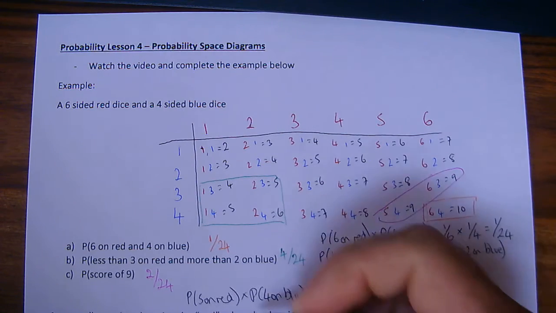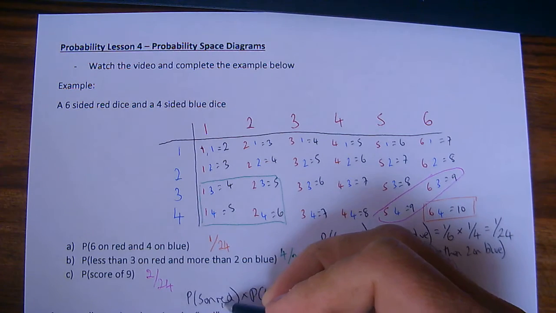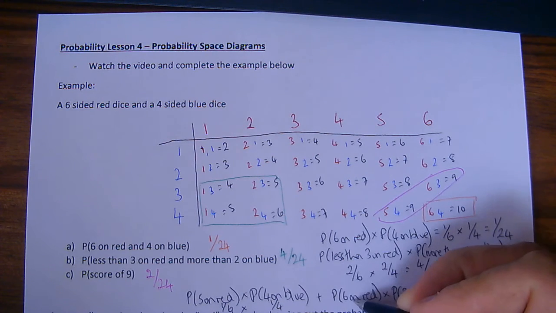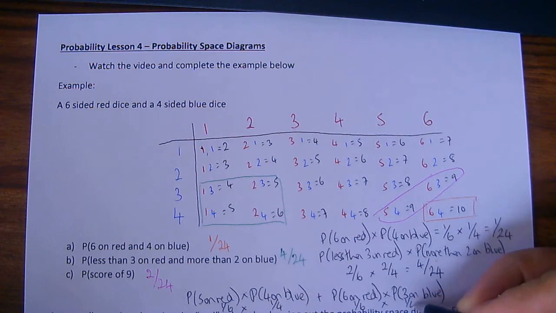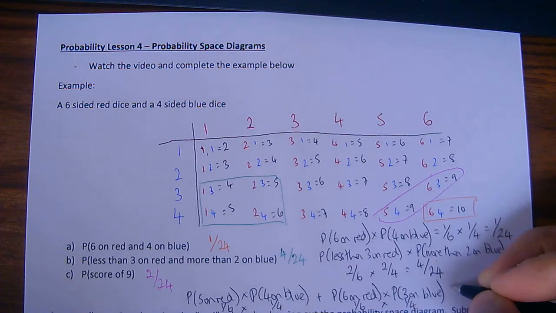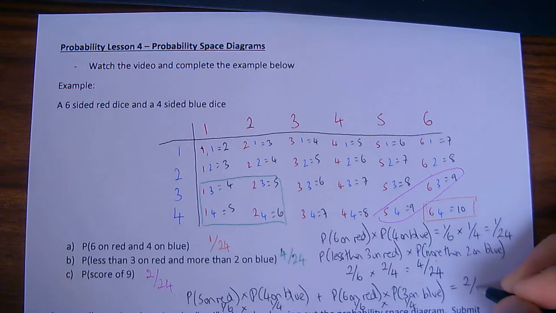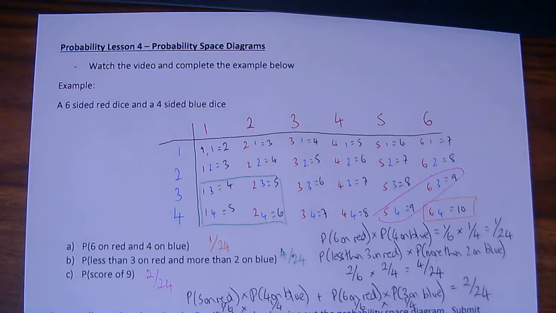Now, when I add those together, I get 5 on red is 1 out of 6 times by 1 over 4, which is 1/24. Same on the other side, 1/24. So I've got 1/24 plus 1/24. Remember, when the denominator is the same on a fraction, you just add the top. So I get 2 out of 24.